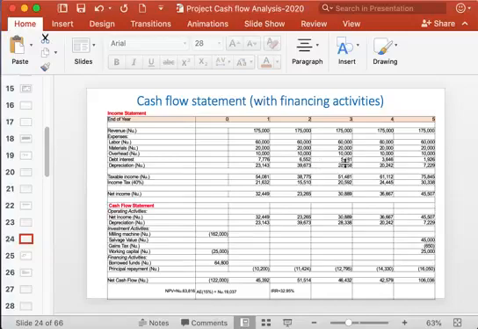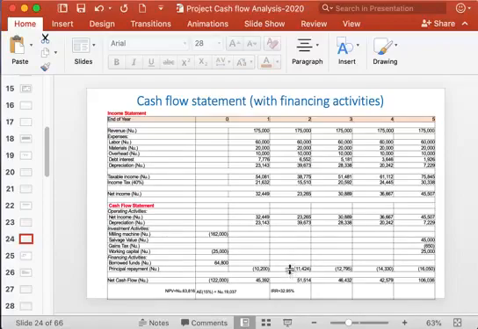Before going to the third year, the principal amount paid in the second year is again 17,976 minus 6,552.